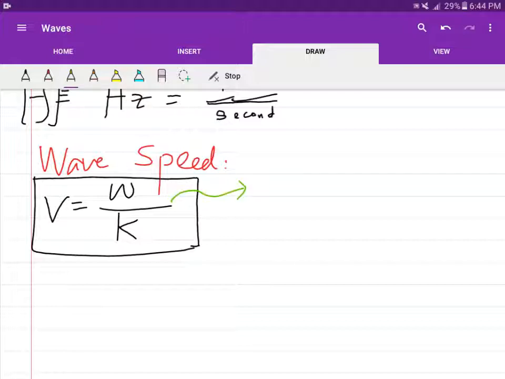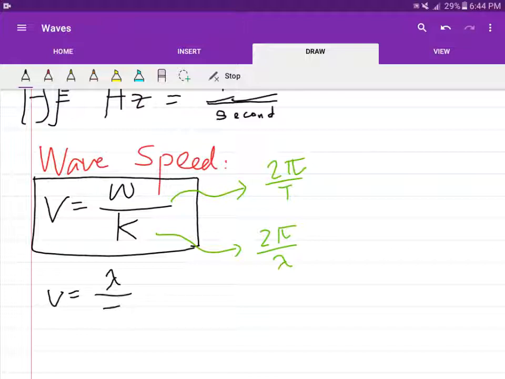So recall that temporal frequency is 2 pi over T, and the wave number is 2 pi over lambda. So you can also write this as, 2 pi cancels out, lambda over T, or since T is equal to 1 over f, this becomes v equals lambda f.